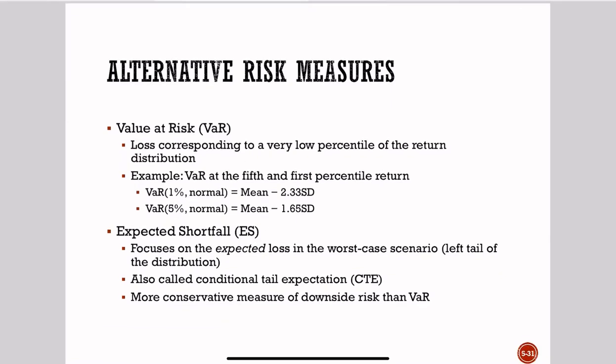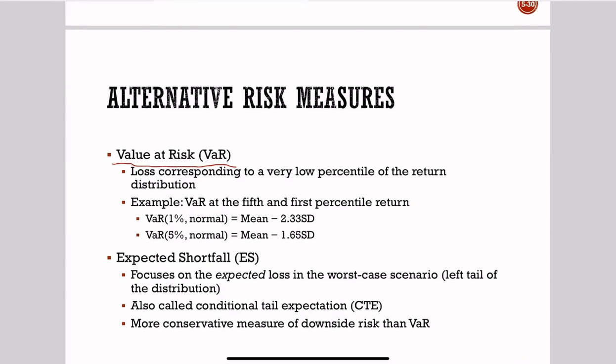So the first one is VaR, which is value at risk. So what is the value at risk? Well, it is your loss corresponding to a very low percentile of your return distribution. Let me give you an example. This will be easy to understand. Let's say this is the distribution of your return.